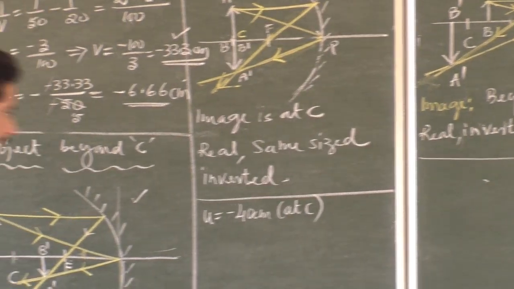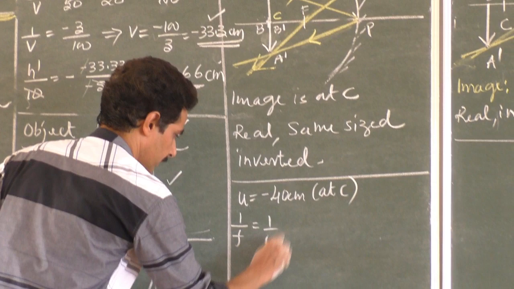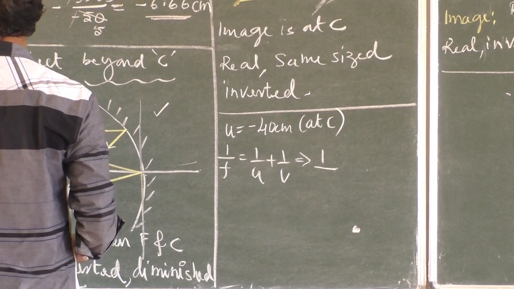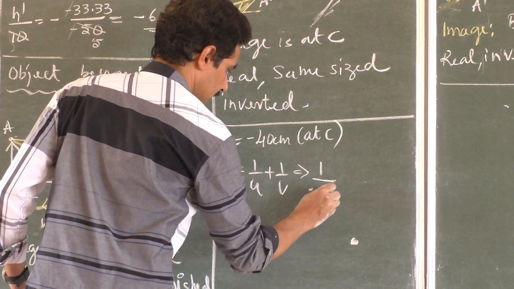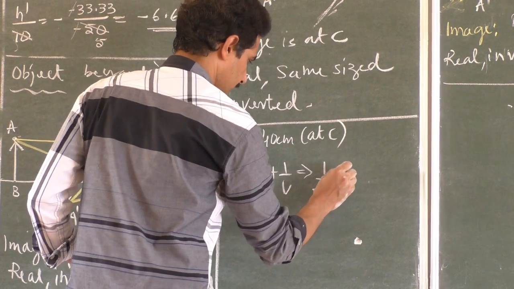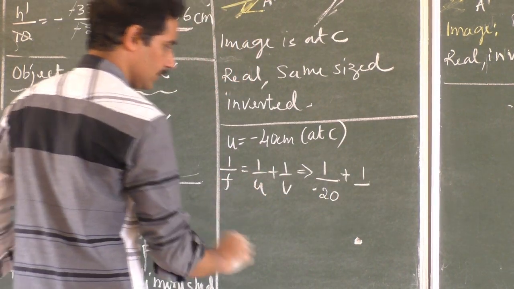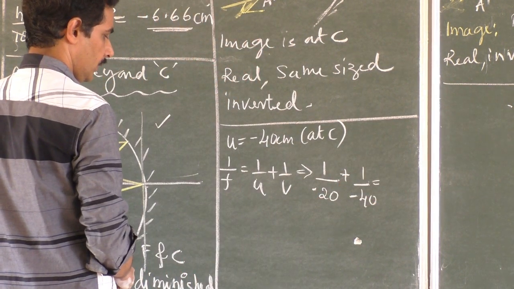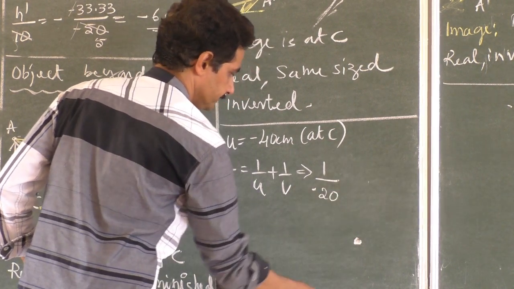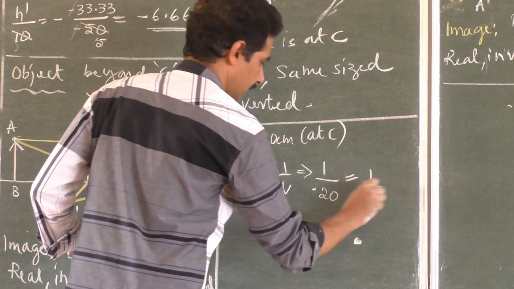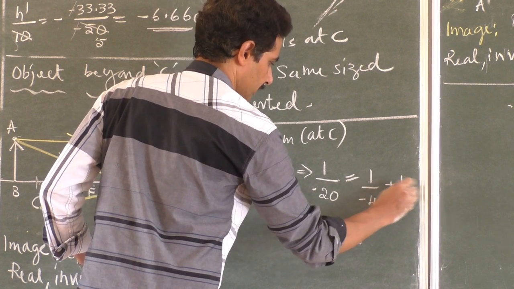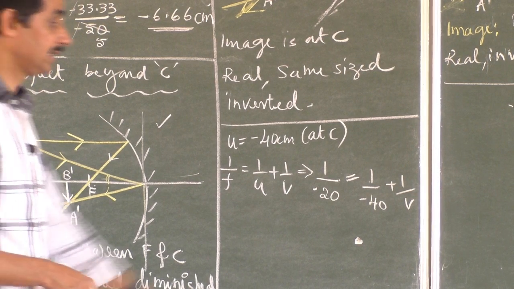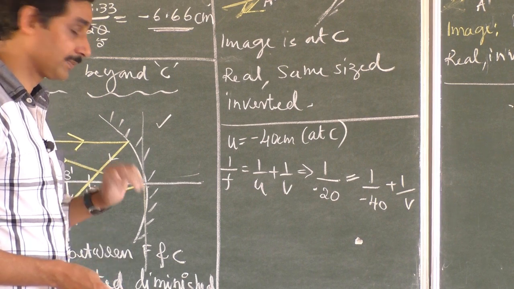Okay, apply the formula. 1 by F is equal to 1 by U plus 1 by V. Focal length we have taken already, it is minus 20. 1 by U is negative, minus 40 at C. So 1 by F is equal to 1 by minus 40 plus 1 by V. Surely you know that V should be negative, and V should be same as 40, because object distance and image distance are same in this particular case.